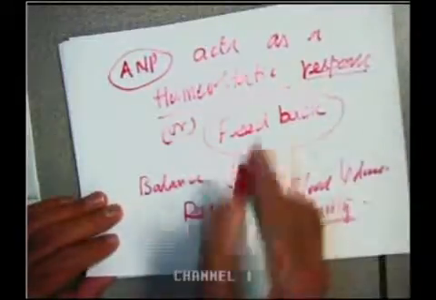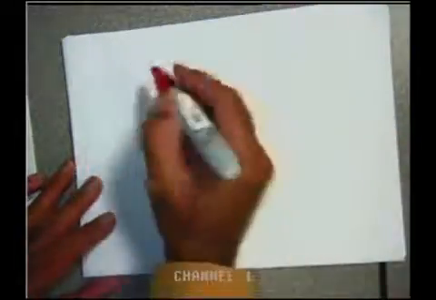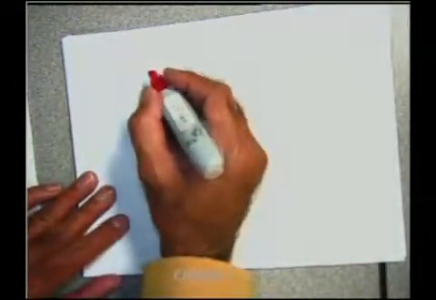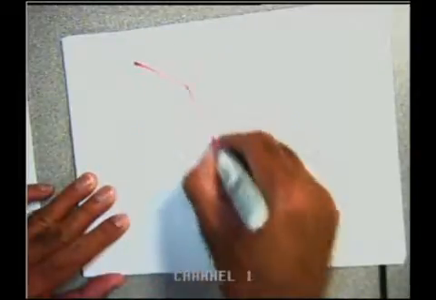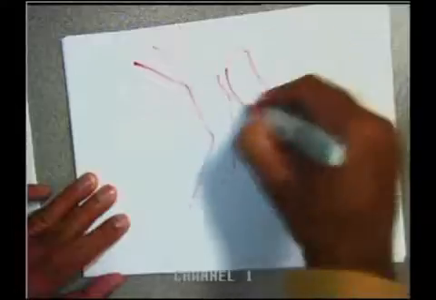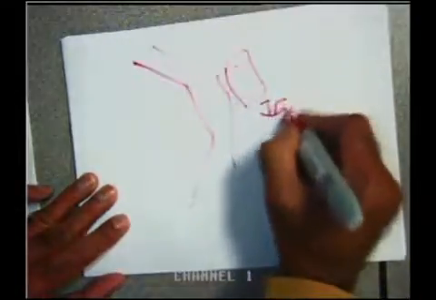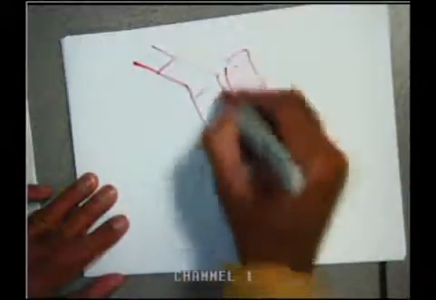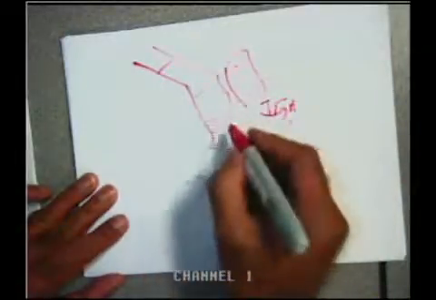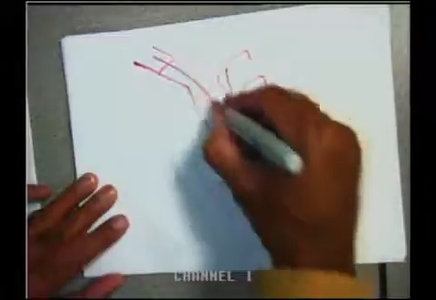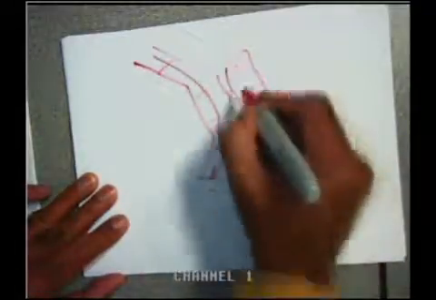In the other regulations of this mechanism, I'm drawing again where the renin synthesis happens. Here the cells are the JGA. These are glomerular cells, where the urine passes through here.